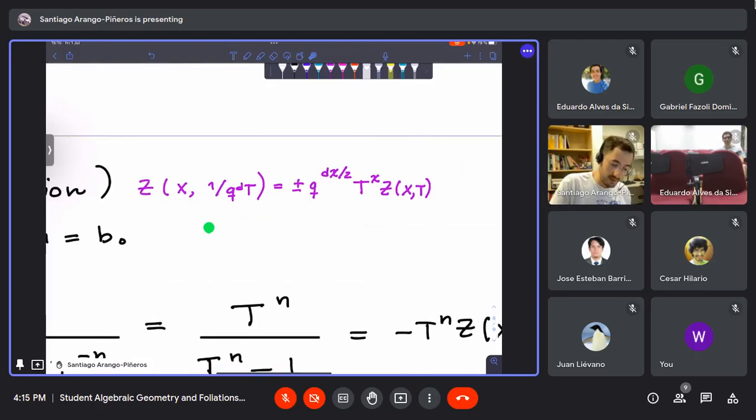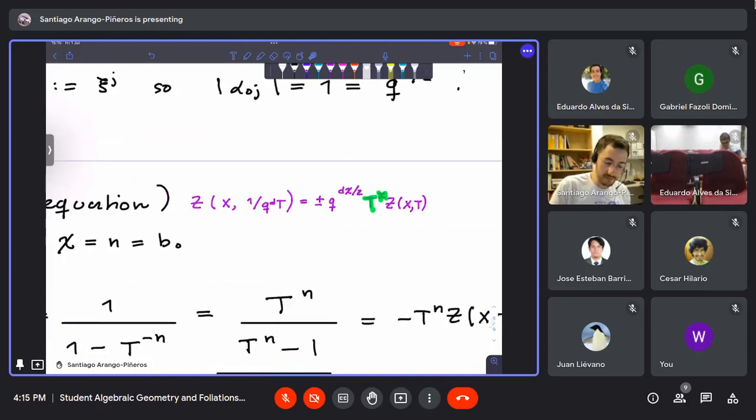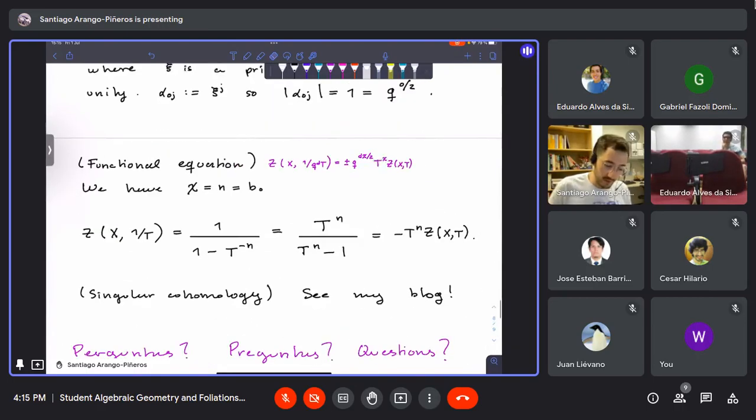But here d equals 0. So this is replaced by 1. This gets replaced by 1. And this gets replaced by t to the n. And just by plugging in 1 over t, we get this function, which of course multiplying by t to the n on the top and on the bottom is the same thing as this. So yeah, the functional equation is satisfied.